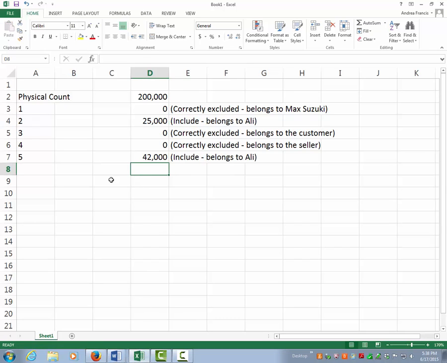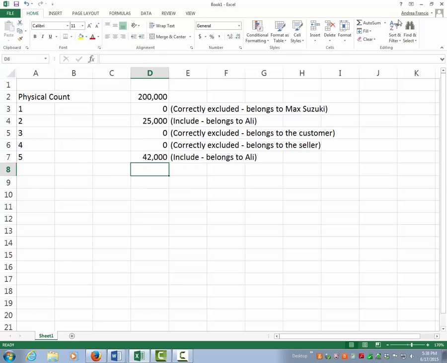So in order to answer our question, we have to sum everything that's here, and we find out that the inventory balance should have been 267,000 at year end instead of the 200,000 that was shown. So the assets of this company are understated if we had left it at the number that it was before.